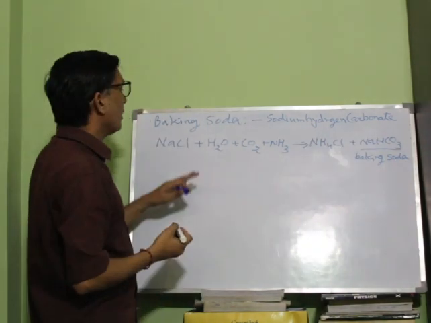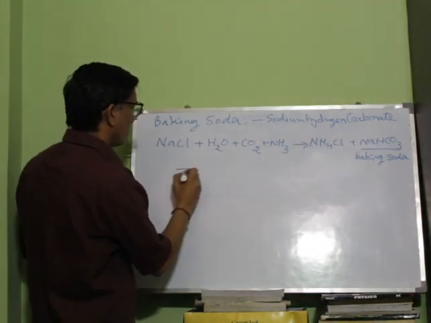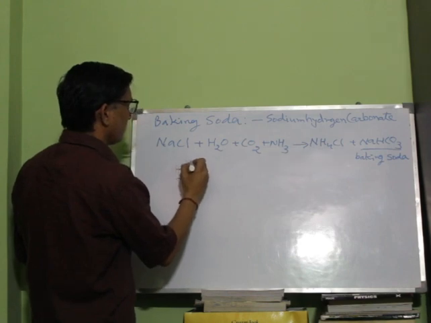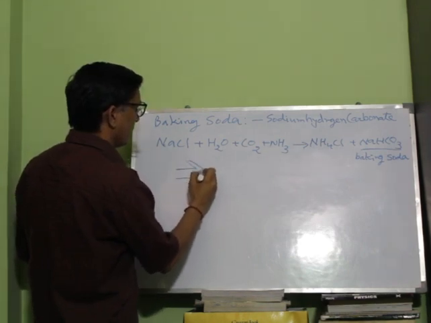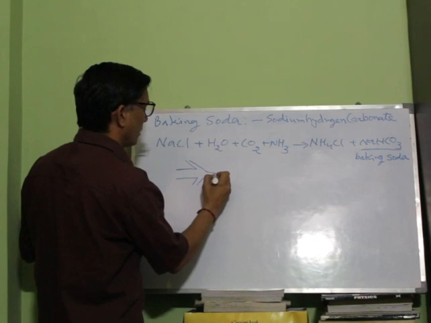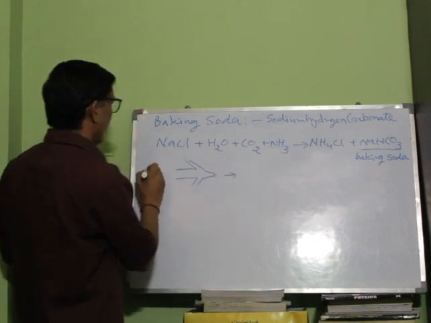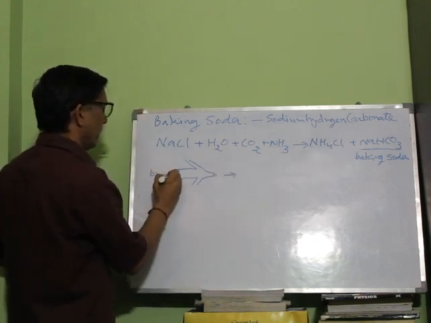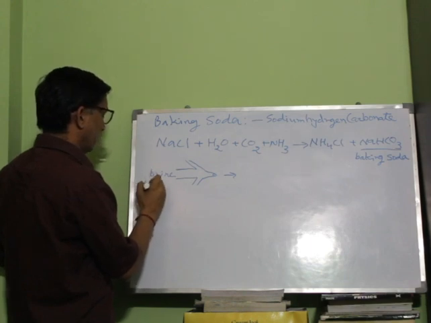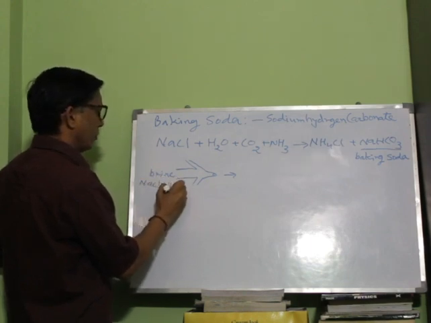Now technically, if we go through this diagram, we can understand how the things are formed. Brine is an aqueous solution of NaCl and H2O.